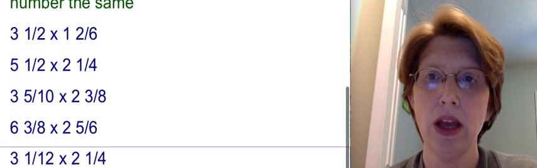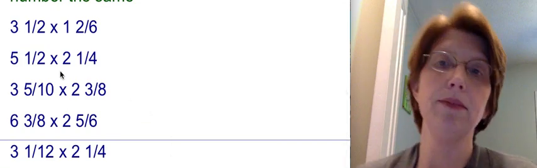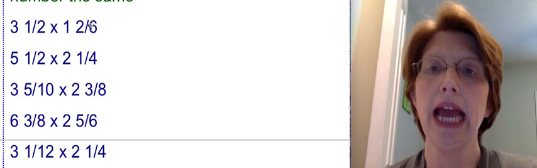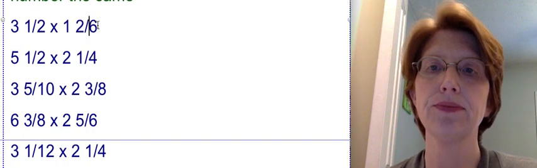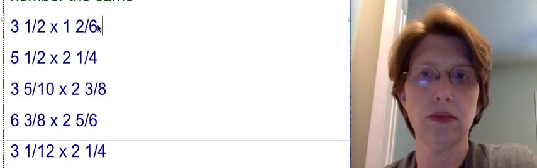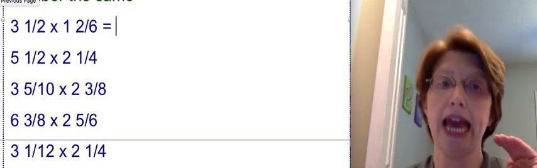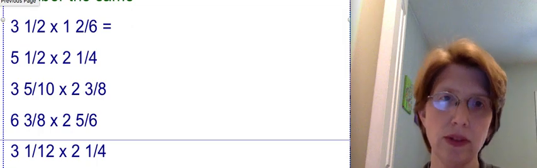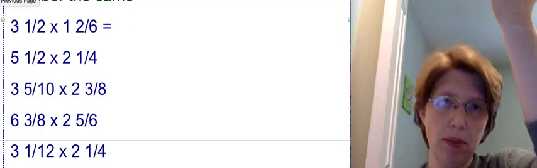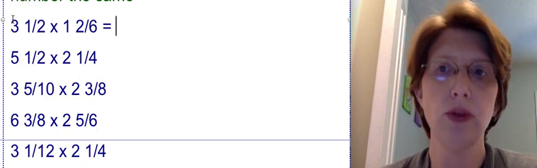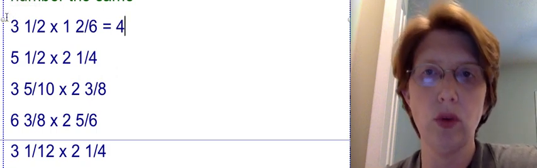Okay, so this is number 1. 3 1/2 times 1 2/6. So first of all, I want to estimate 3 1/2. Well, that's a half. So half or up, I'm going to take the whole number and I'm going to bump it up. So 3 1/2 is closer to 4.